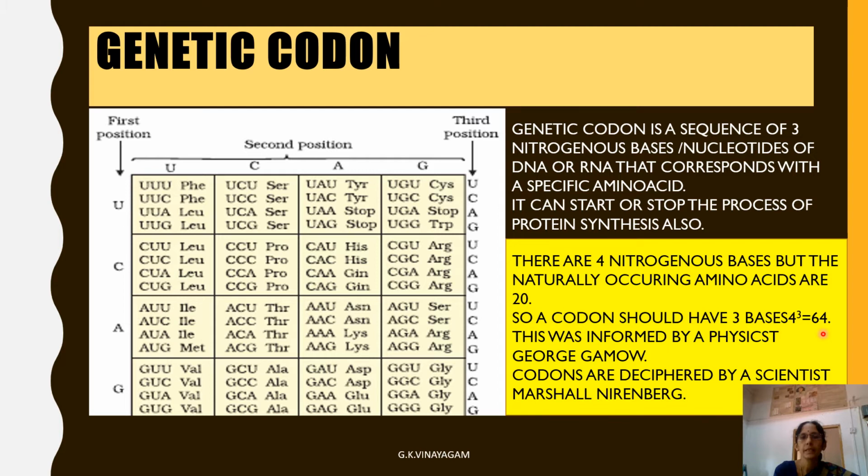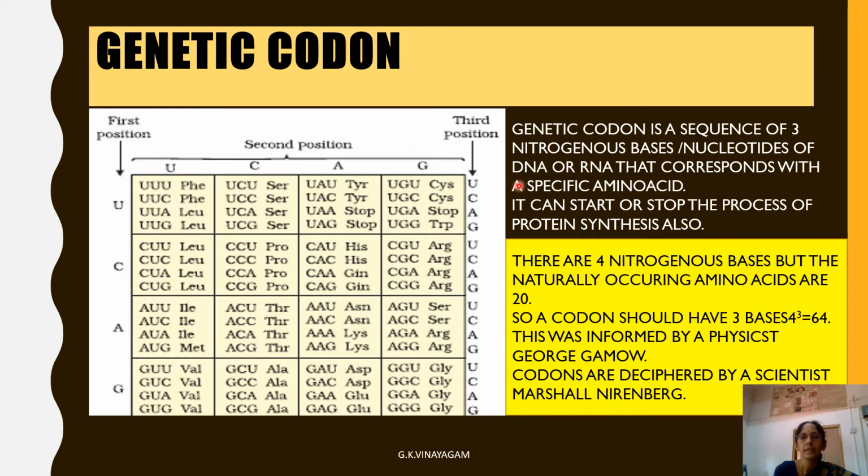And what information this codon is having, that was deciphered by another scientist, Marshall Nirenberg. Now try to understand. A genetic codon is a sequence of 3 nitrogenous bases present in DNA or RNA, and that is specific to a particular amino acid.